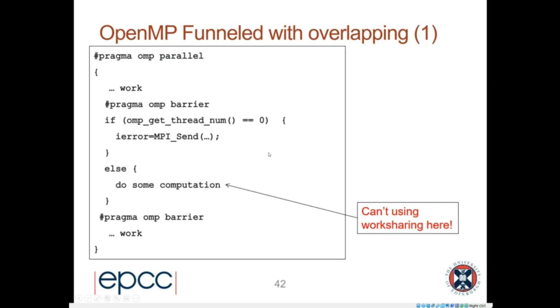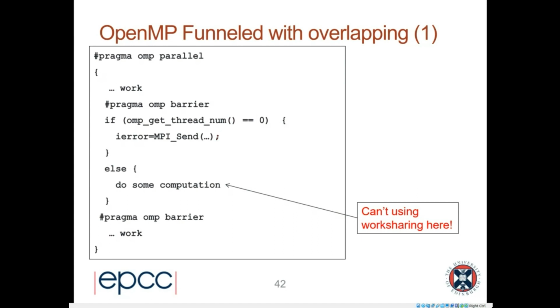One of the advantages I can see of doing funneled is this model here. I said in some of the MPI lectures earlier on that although non-blocking communications appear to allow you to overlap communication and calculation, in practice they don't, because the MPI library is either running or it's not.